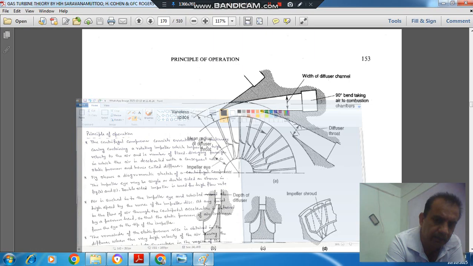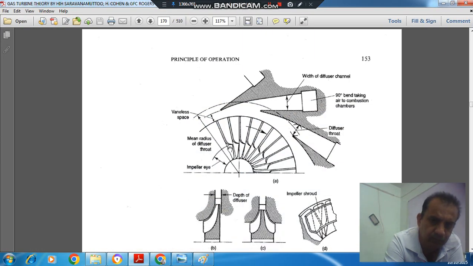As air is moving radially outward, velocity is also being imparted by the impeller to the air. So it will cause some pressure rise as well as velocity rise of the air. That is due to the action of the impeller.